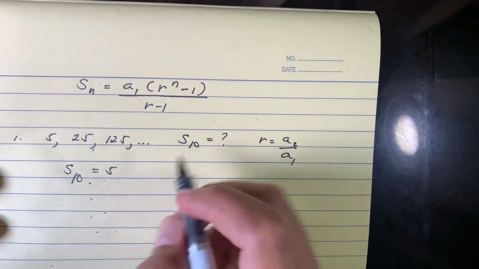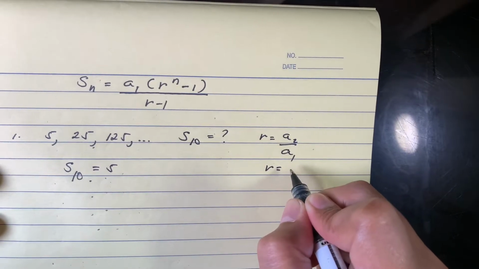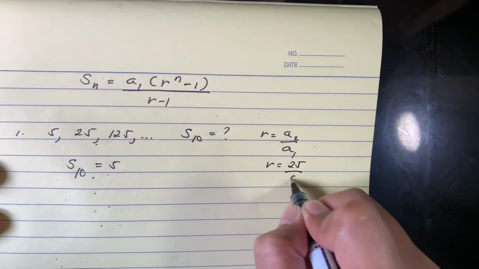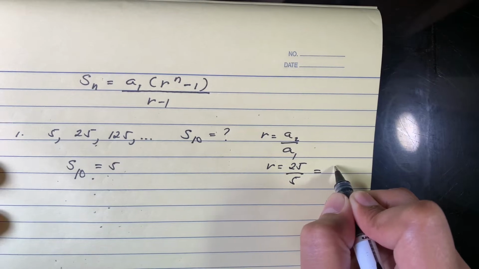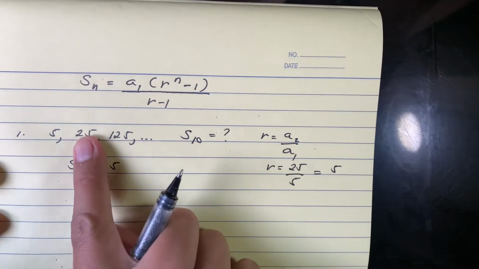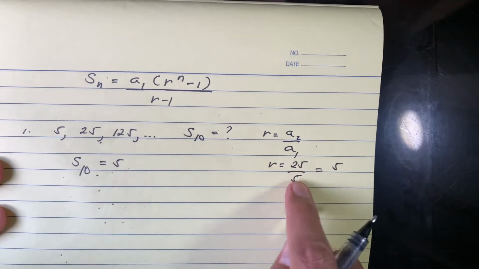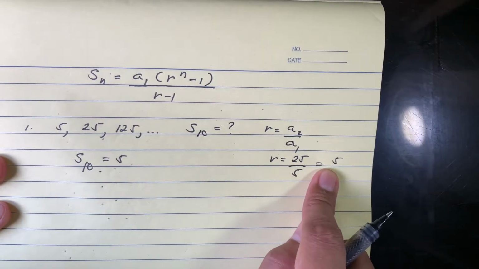And our common ratio now is equal to 25 divided by 5, which is 5. So 25 is our second term and our first term is equal to 5. So the quotient between 25 and 5 is equal to 5.